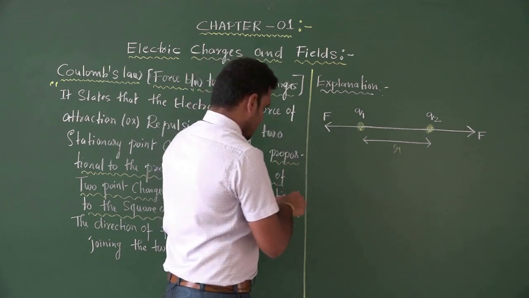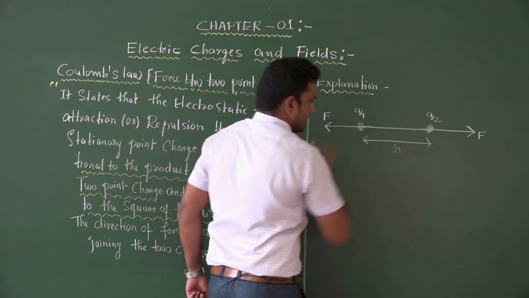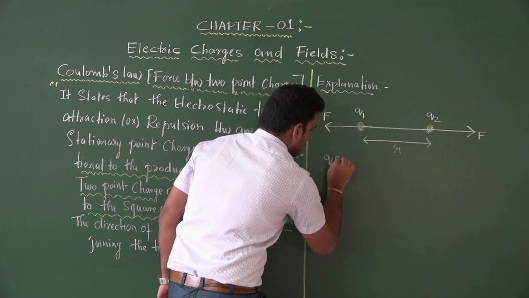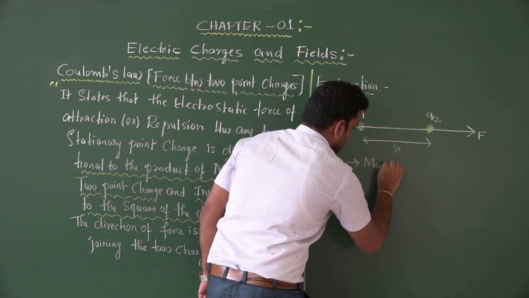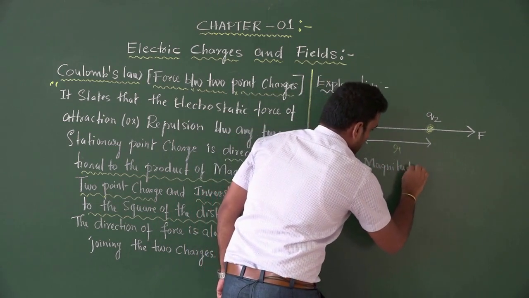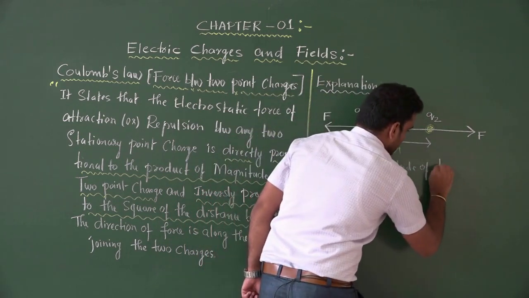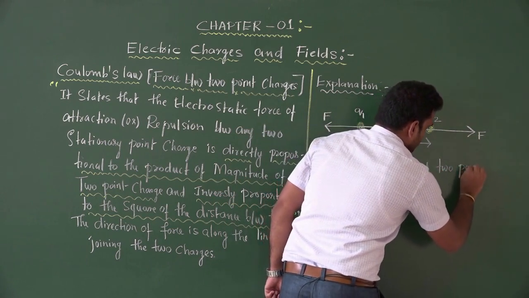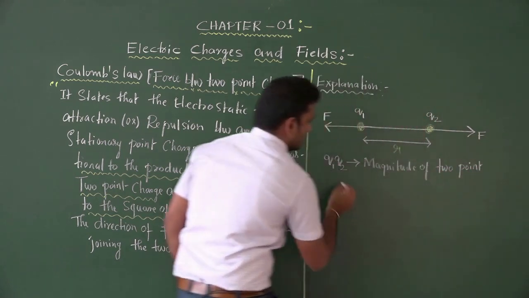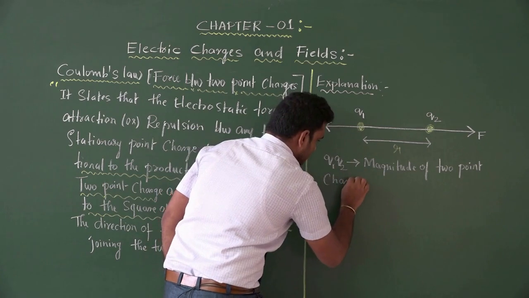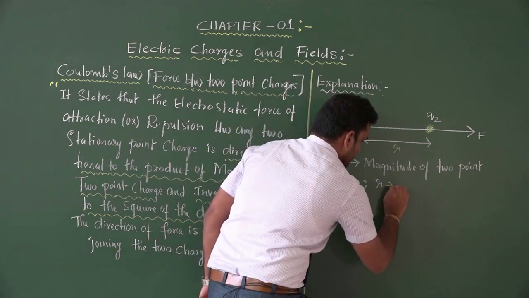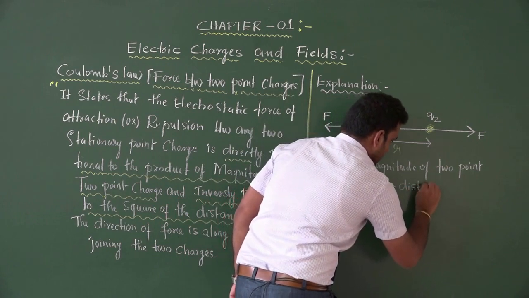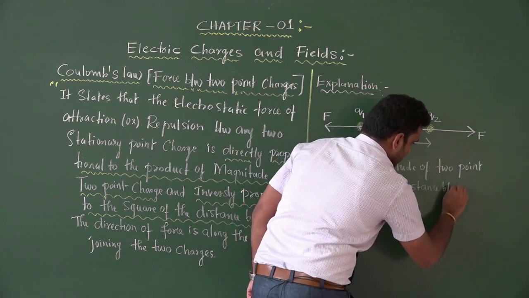Here Q1 and Q2 are the magnitudes of the 2 point charges, and R is the distance between them.